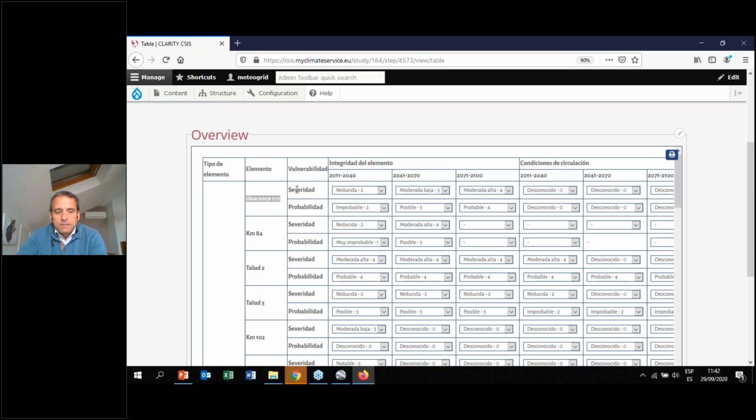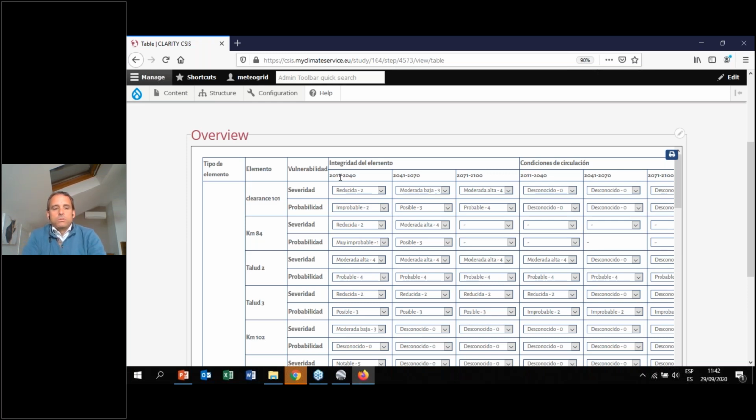We can define the severity and the probability of the issue happening at this specific point, from 1 very weak to 5 very probable. We can also define the integrity of the element along the years, according to the climate data that we have previously analyzed.